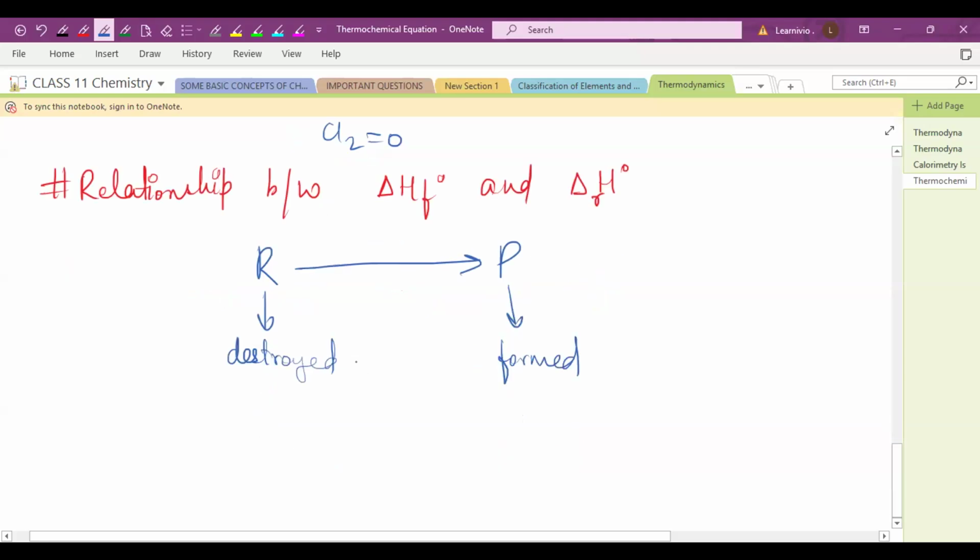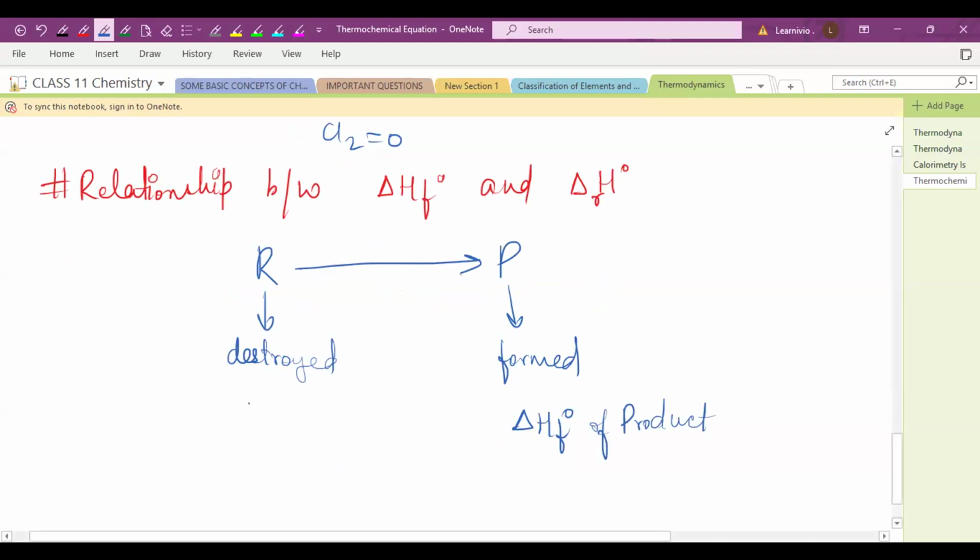So what happens over here? जो form हो रहा है, this is being formed. So जो form हो रहा है इसकी हम क्या बात करेंगे? Delta HF naught. The enthalpy of formation of product. Okay, but it is being destroyed. तो इसकी हम बात नहीं करेंगे, like delta H, the formation की बात नहीं करेंगे. So here the formation will be negative.